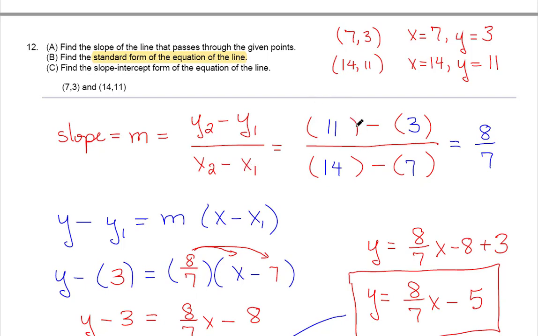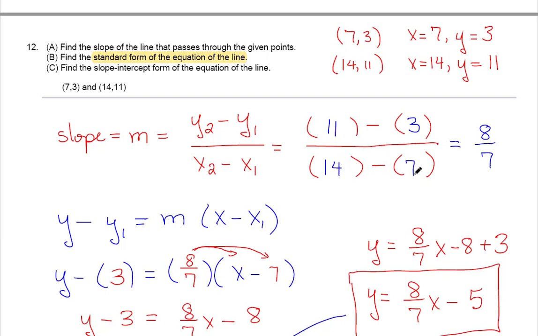So first off, write it in terms of blanks. Something minus something, something minus something. And now fill in your points. Now, it makes no difference which one is y1 and which one is y2. Just make sure your points stay together.